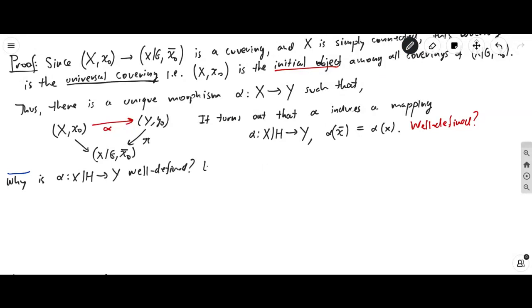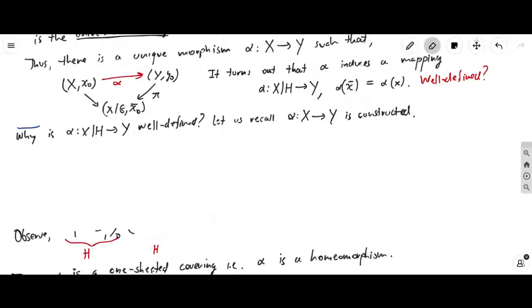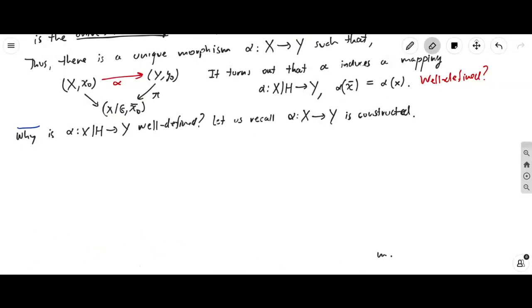So let us first recall how the original alpha map from the universal cover to Y is constructed. So here's a picture. We talked about this in the previous lecture, but you really have to understand this in order to make this work out.